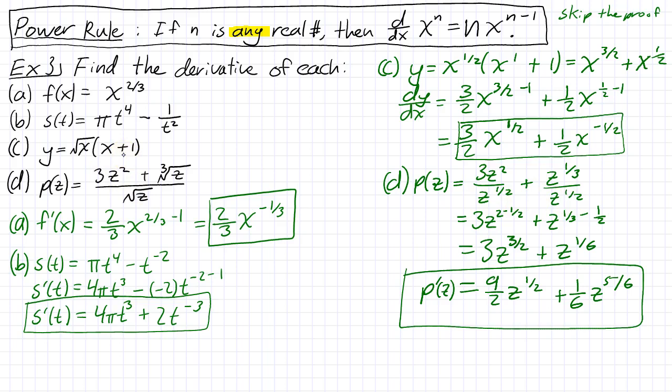Then you have z to a power divided by z to a power. You can subtract those exponents to get the new exponent when you divide. So our function that we're differentiating, in a form the power rule can deal with, is 3z to the 3/2 plus z to the 1/6 power.